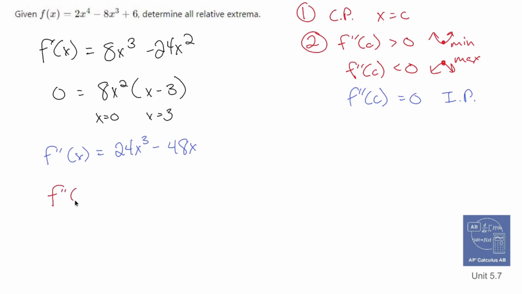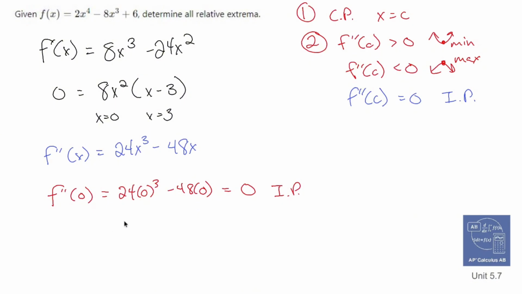So f double prime of 0 is going to be 24 times 0 cubed. Remember a second ago how I said that we'll see if we have to worry about it? Well, guess what we just got? We just got an inflection point, which is not a type of extrema.